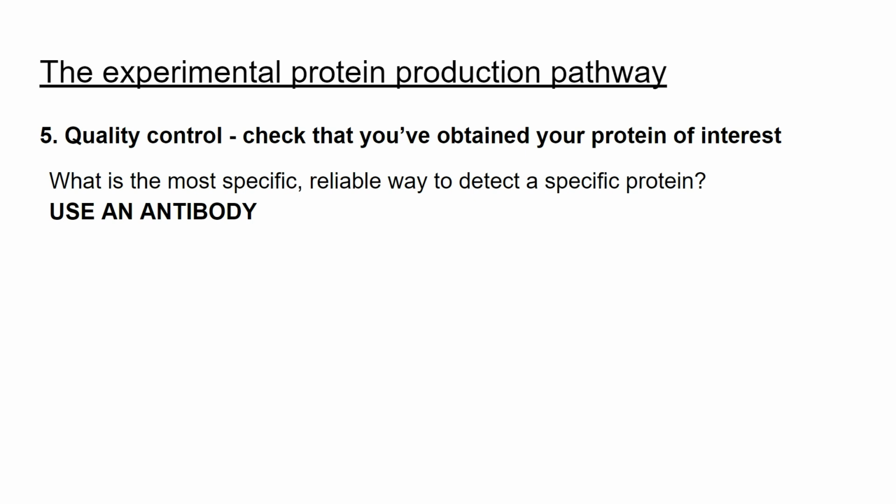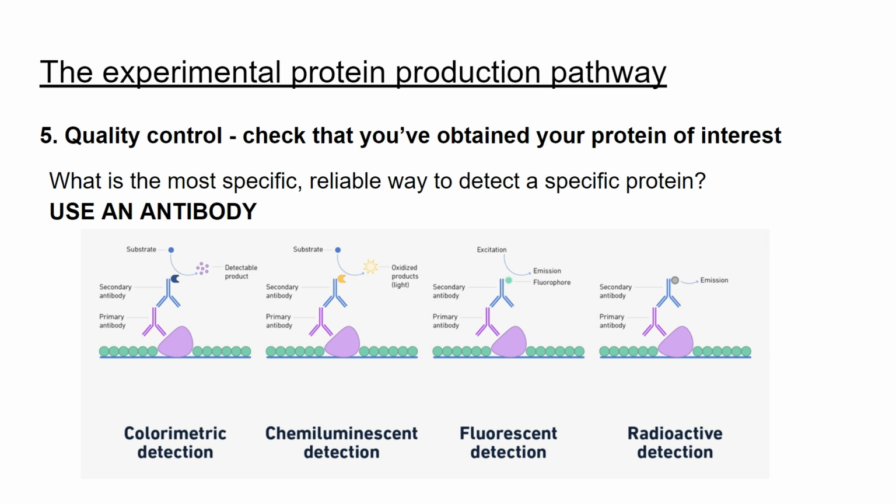The antibody-antigen interaction is the highest affinity interaction known in biology. Essentially, the way this technique works is that you take your protein of interest in a solution, and you wash on top of it a solution of antibodies against that protein.